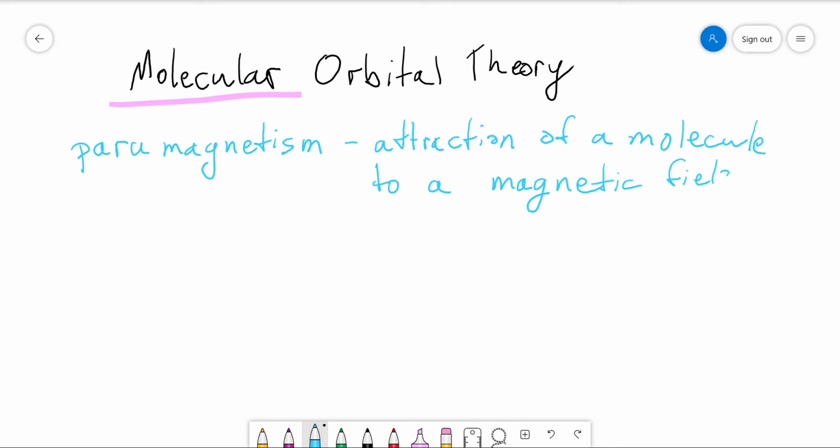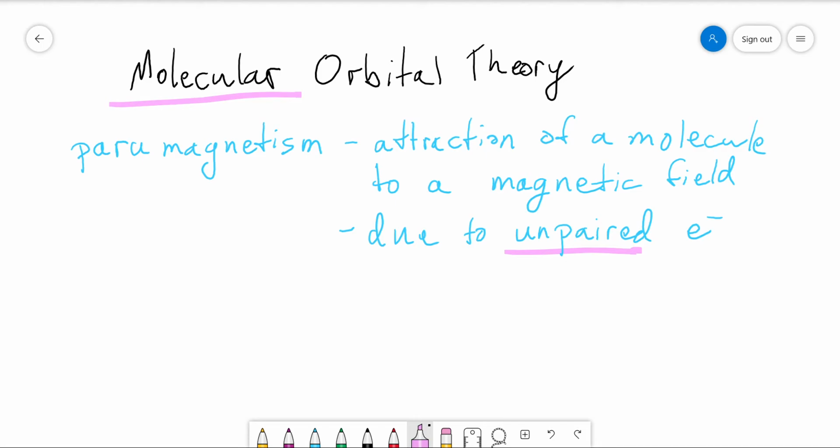And this is much, much weaker than ferromagnetism, but it's really important. And the reason it's important for us right now is because it is due to unpaired electrons.